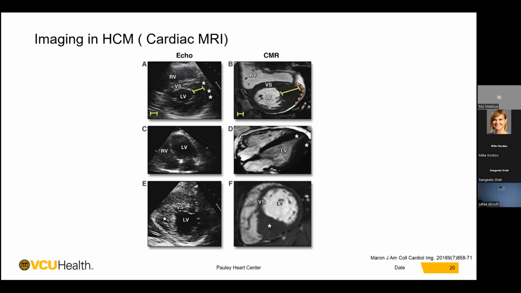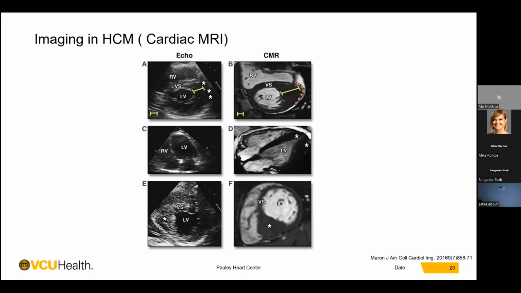And then in pictures C and D, it's clearly the patient has apical hypertrophy in picture D, versus in echo, you don't see the apex that well, and the quality is not very good. And we may really miss the diagnosis if we haven't been looking for it, or if this is a patient we don't know anything about and we just do echo.